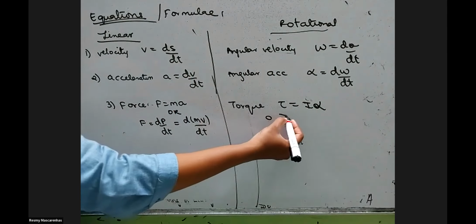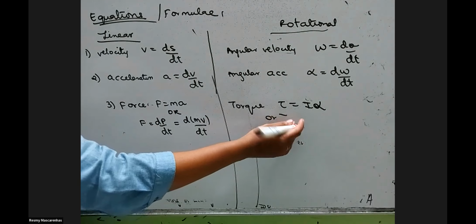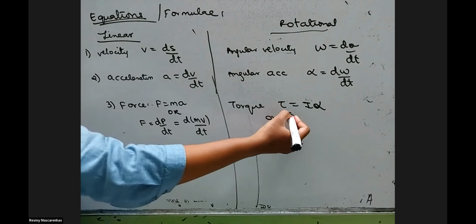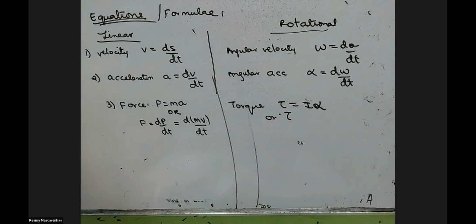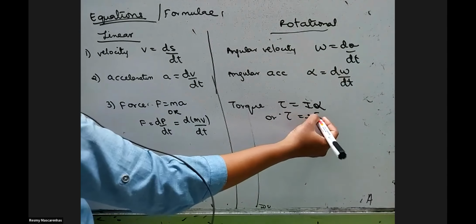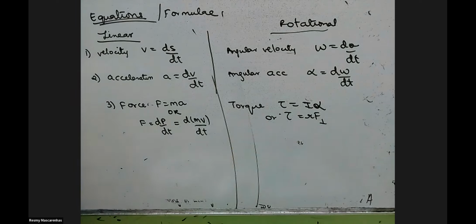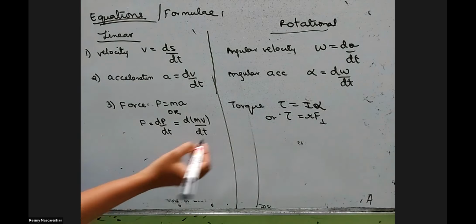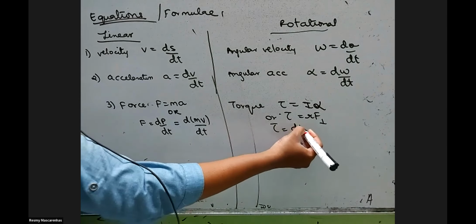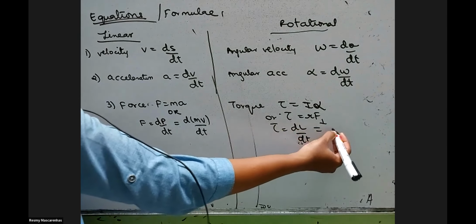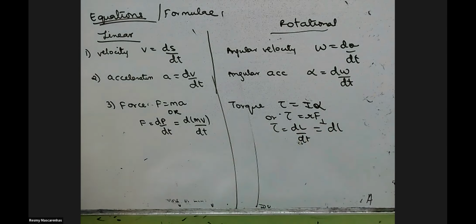Or tau is perpendicular, or tau is what? dL upon dt. L is nothing but I into omega.